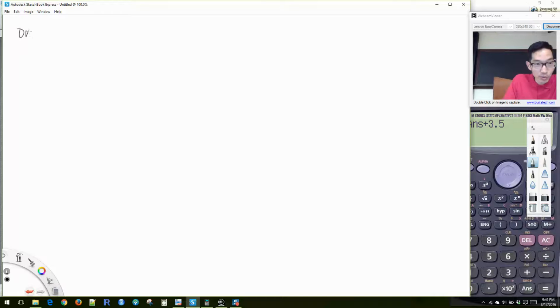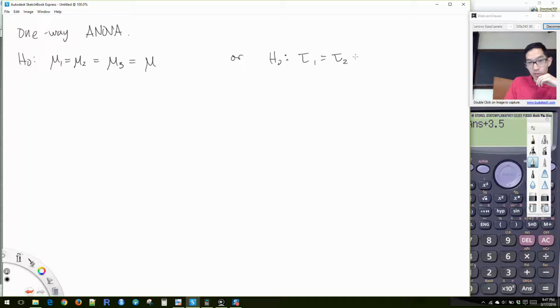All right, let's do a one-way ANOVA. Okay. The null hypothesis will be what? mu1 equal to mu2 equal to mu3 equal to the grand mean, or the null hypothesis could also be written tau1 equal to tau2 equal to tau3 equal to 0. Okay, so mu sub i is the mean of group i, or mean of population i.